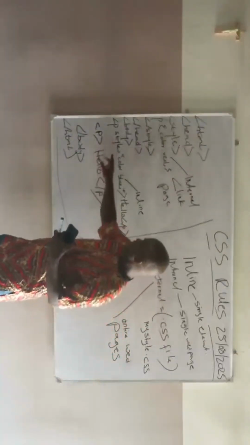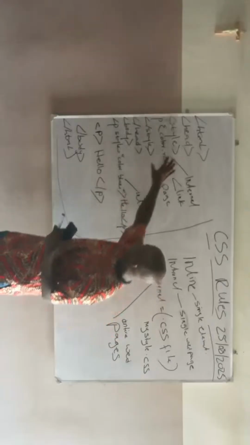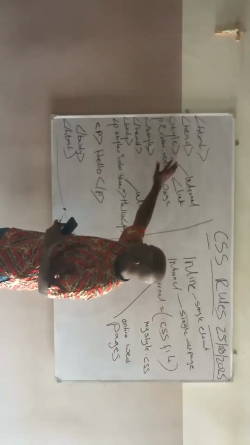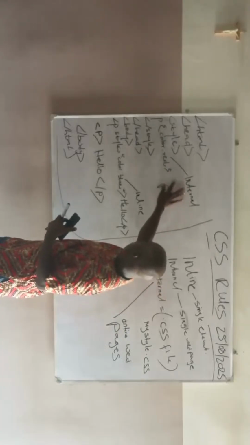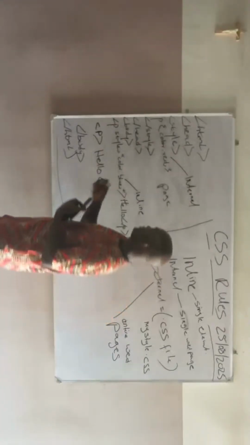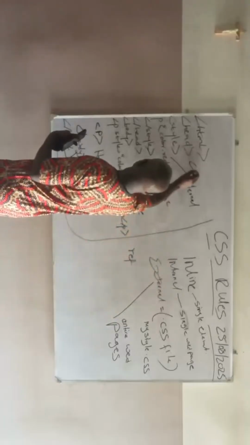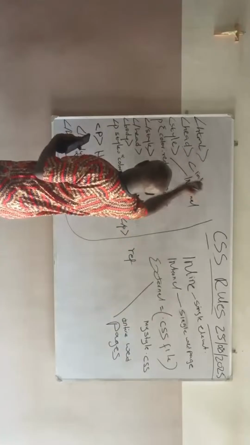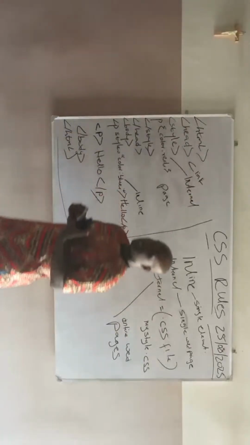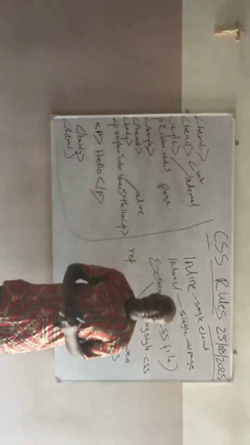This one is internal. This one is inline. This one is internal. We'll come to link as an element. Inside the head here, I have link. Link as an element.